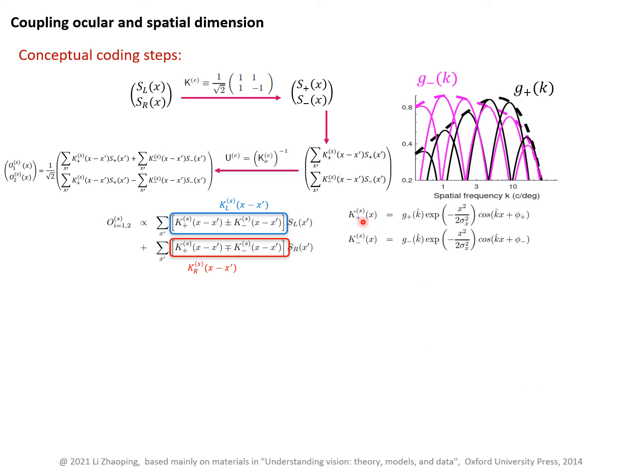Now let's see how these summation and difference Gabor filters enable us to construct the filters for the left eye and right eye, which should have their amplitudes GL and GR and phases phi L and phi R. Let's introduce a vector notation to understand this construction. The important parameters in each of these filters, for example, the K plus filter, are amplitude and phase, and we can represent it by a vector.